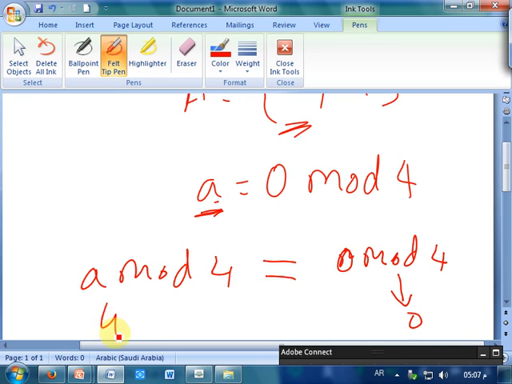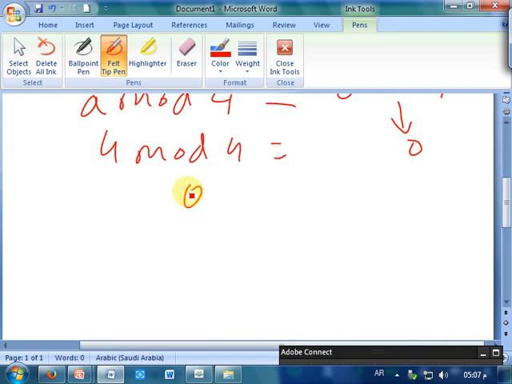4 divided by 4 is 0 remainder, so 4 mod 4 is 0. We have to find all the integers, all such numbers that if you mod with 4 give you 0. What are those numbers? 4, 8, minus 4, minus 8, 16, minus 16, 12, minus 12.